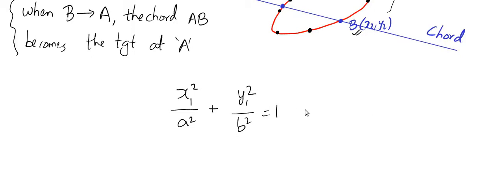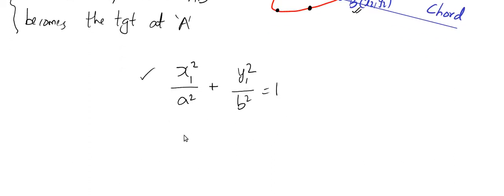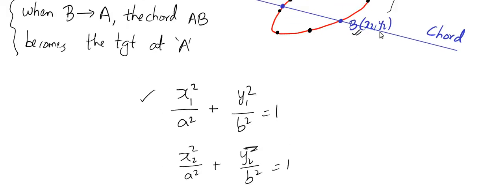As engineering students and bachelor students, I know you won't have any trouble digesting these things. A point on a structure will satisfy its equation. Similarly, x2 square by a square plus y2 square by b square is equal to 1, because this x2, y2 also belongs to the ellipse.